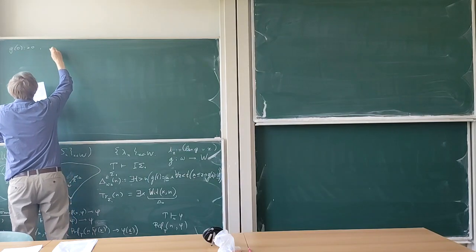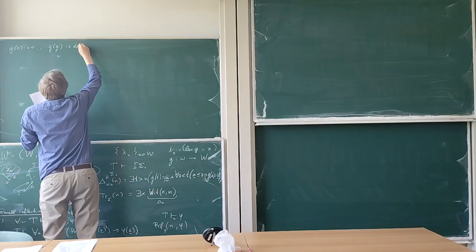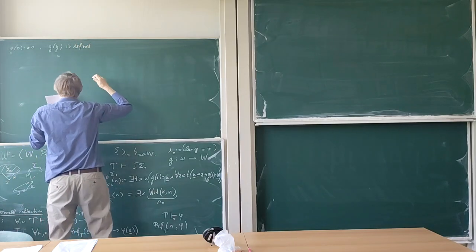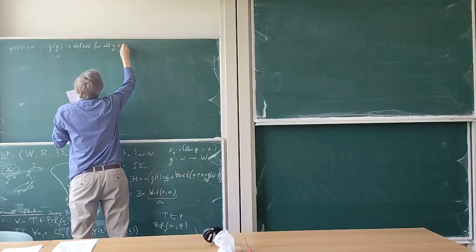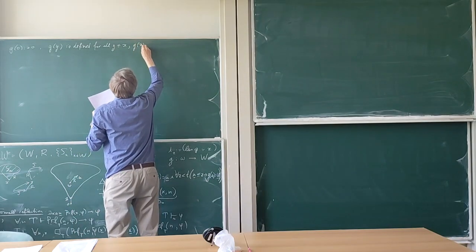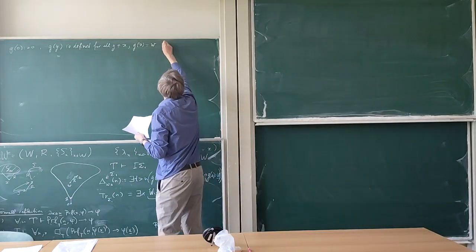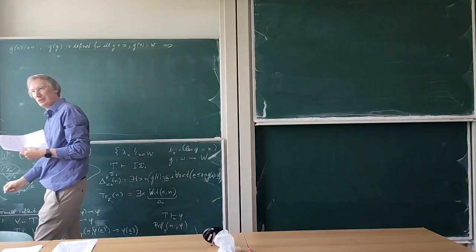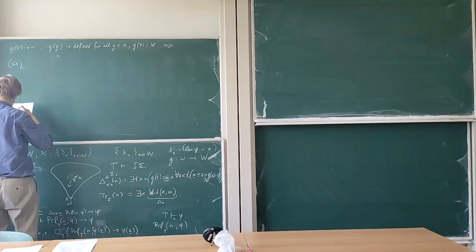And suppose that G of y is defined for all y before x, and G of x is w. Then we define what G does by two items. Item G1 is kind of an easy one.